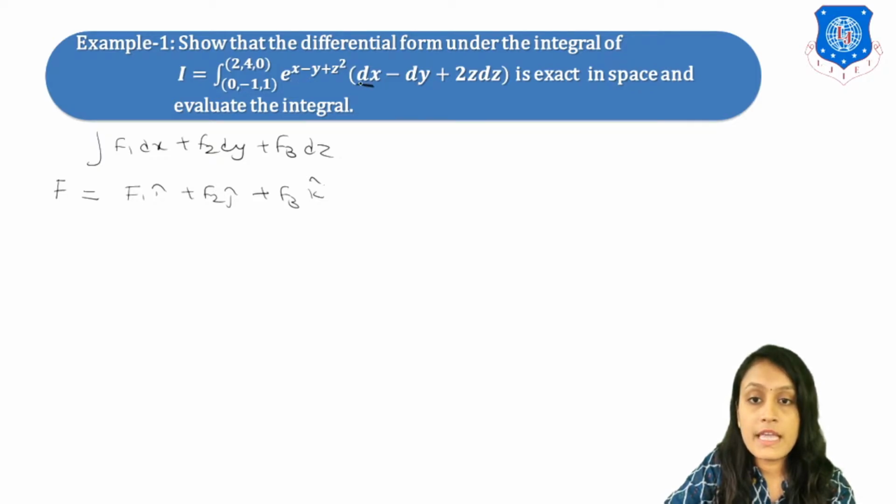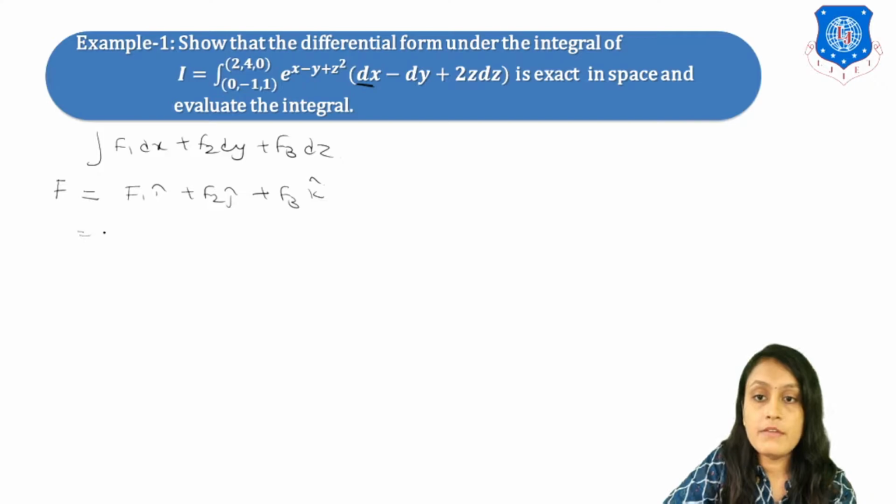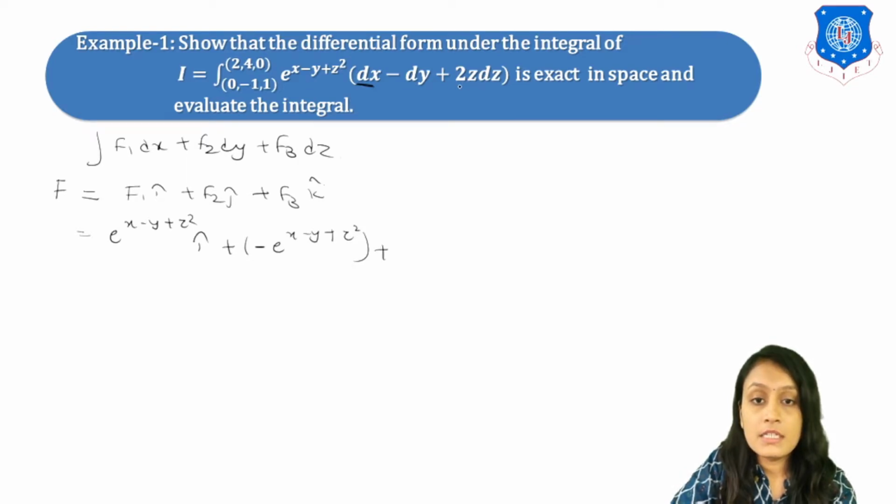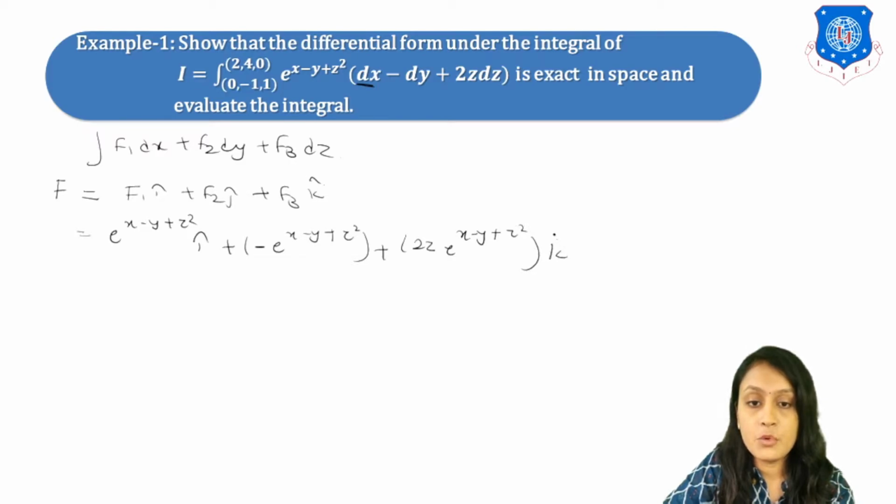With dx we have f1, which is e raised to x minus y plus z square i. With dy, and this negative sign, f2 is minus e raised to x minus y plus z square. And f3 is 2z into this term, so 2z e raised to x minus y plus z square k. So this is our f bar.